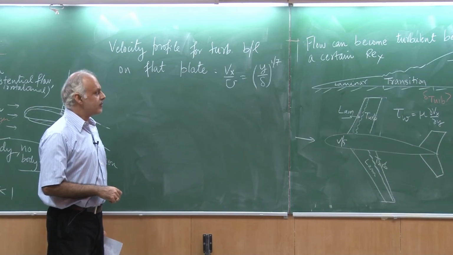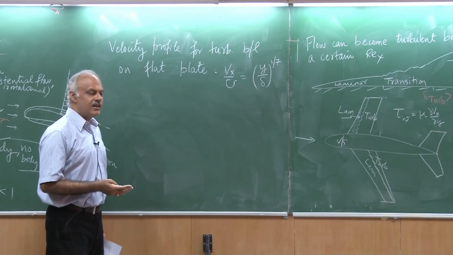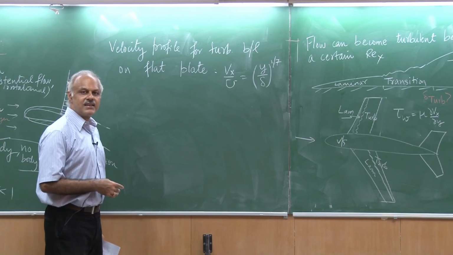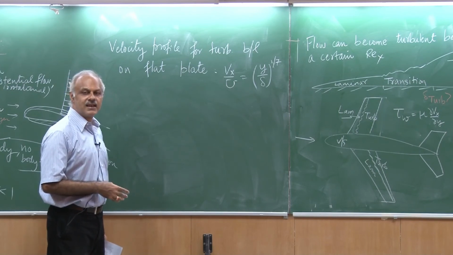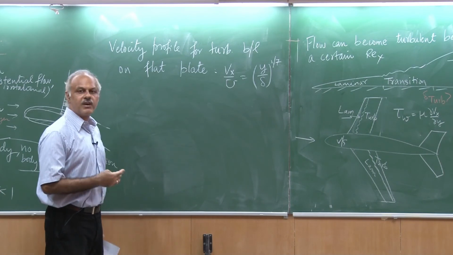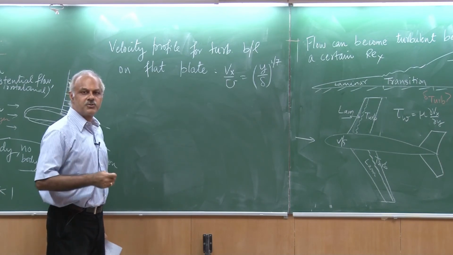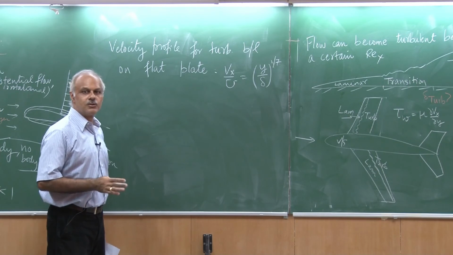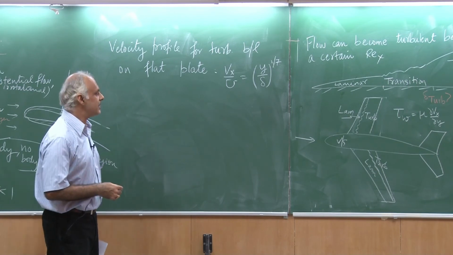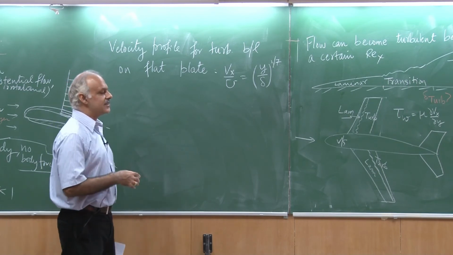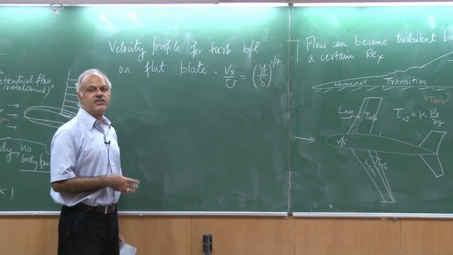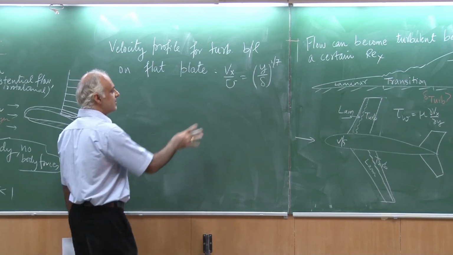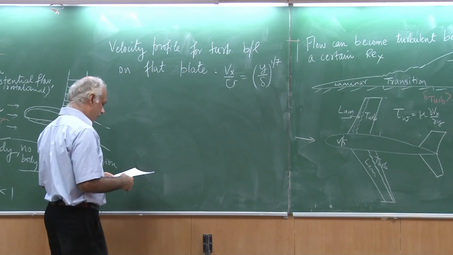So, that would be one profile. Now, I make a measurement, let us say in a city area where there are buildings, trees, small hills, and there the profile could look different because there are so many obstructions. So, both are turbulent flows, but the profiles could be different. The trees and the buildings would act as roughness elements. So, this is one example where you get a power law profile.